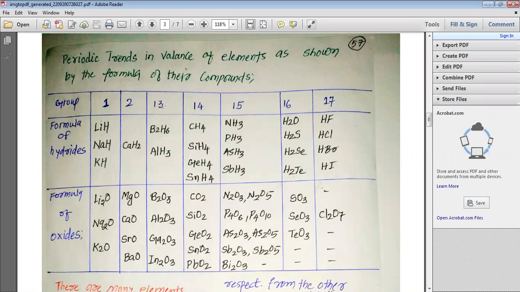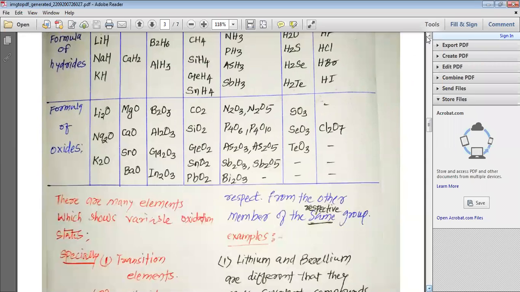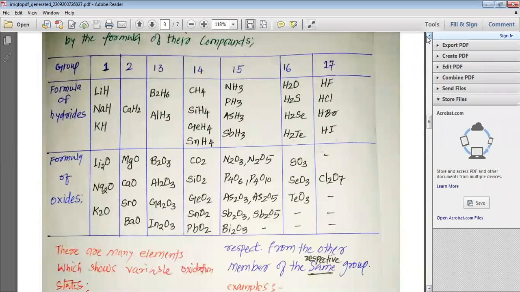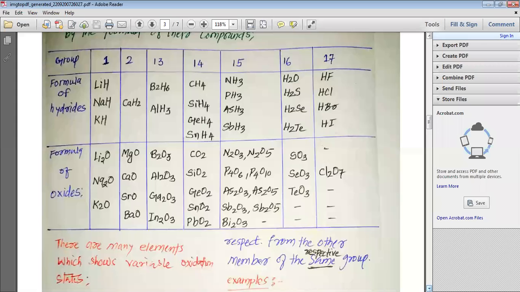You can see Cl2O7, where chlorine has +7 oxidation state. This is how, my dear students, we can understand that in each group the valency remains the same, and we can even see an increase in the valency going from left to right, and this is how we understand the periodicity or periodic change in the valence of the various elements.